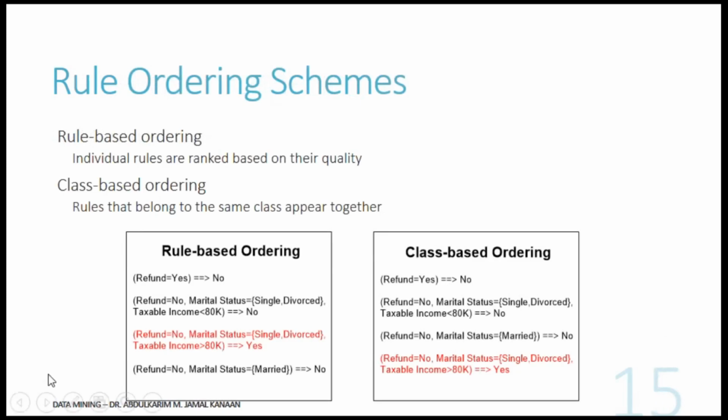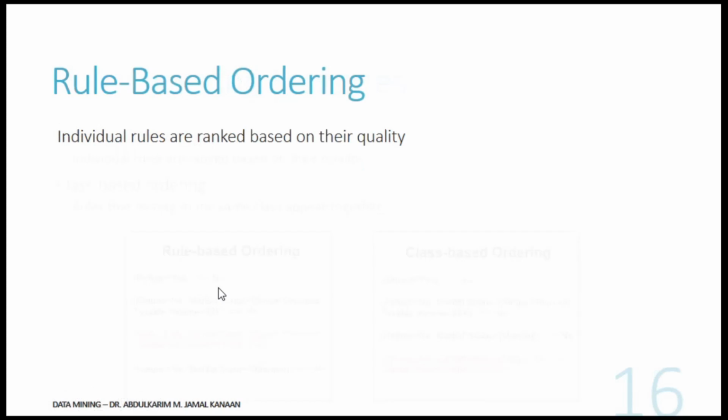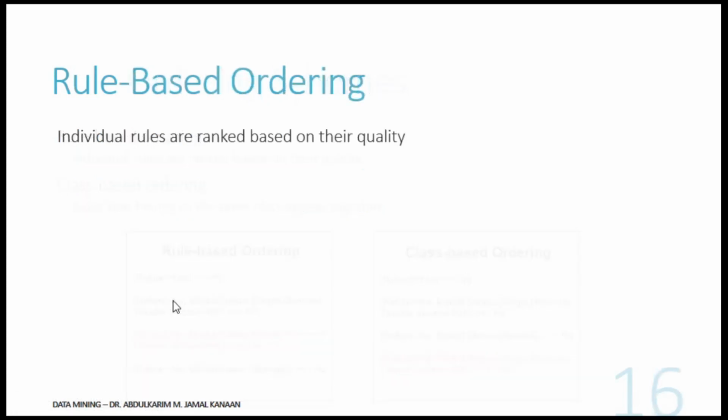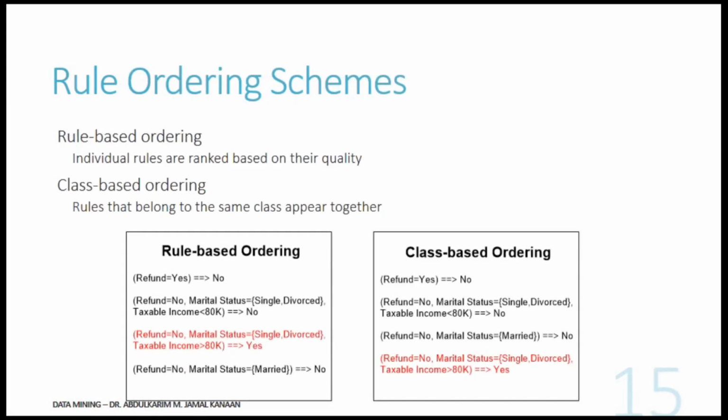For example here, if you notice, we are looking for the rule base, meaning the classes might be in different positions. So here we have binary classification where the result is either yes or no. And then the rules based, let's say on accuracy, we find out which one is most important. We put it at the top, followed by the less important, and so on.